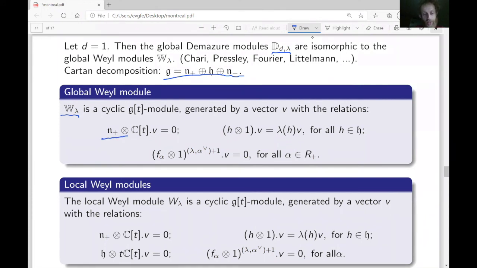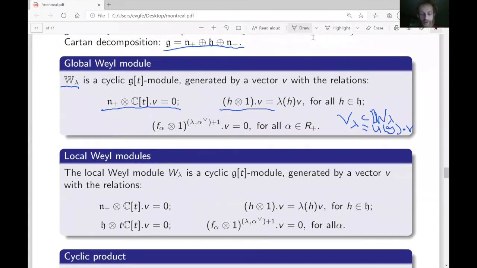So first of all, one part of the algebra kills it, and then the Cartan acts via the weight λ, and here are standard relations for irreducible representation, so meaning that V_λ sits inside this global Weyl module, and this V_λ is nothing but the universal enveloping algebra of g itself applied to this v.